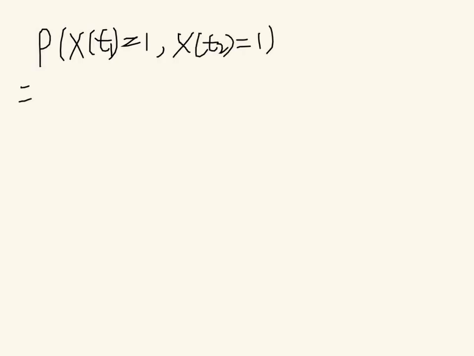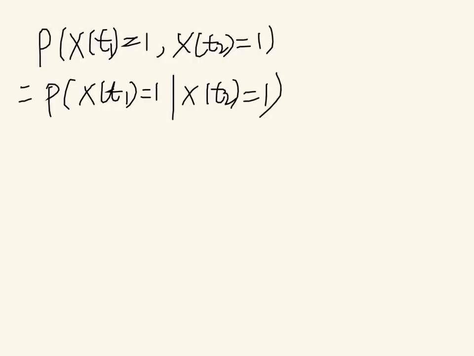The probability of X(t1) equal to 1 and X(t2) equal to 1 is equal to the probability of X(t1) equal to 1 given X(t2) equal to 1 times P of X(t2) equal to 1.